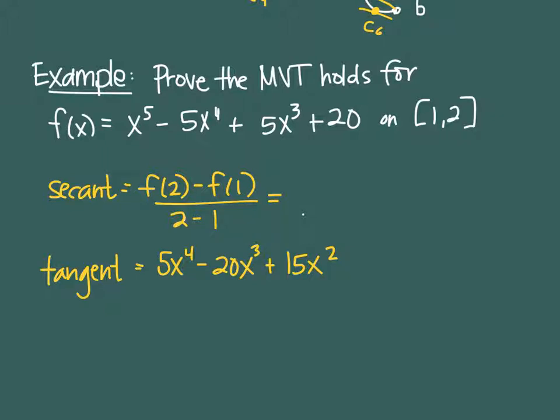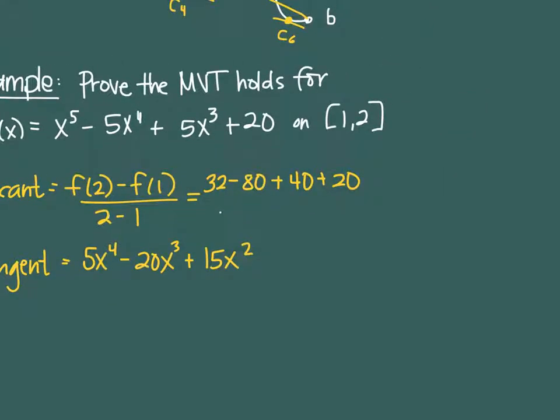So f of 2 is going to be 32 minus 80 plus 40 plus 20. Did I do all my math right on that? 2 to the 5th, 5 times 16. I think I did all that right. Minus f of 1, so minus 1 plus 5 minus 5 minus 20, all over 1.